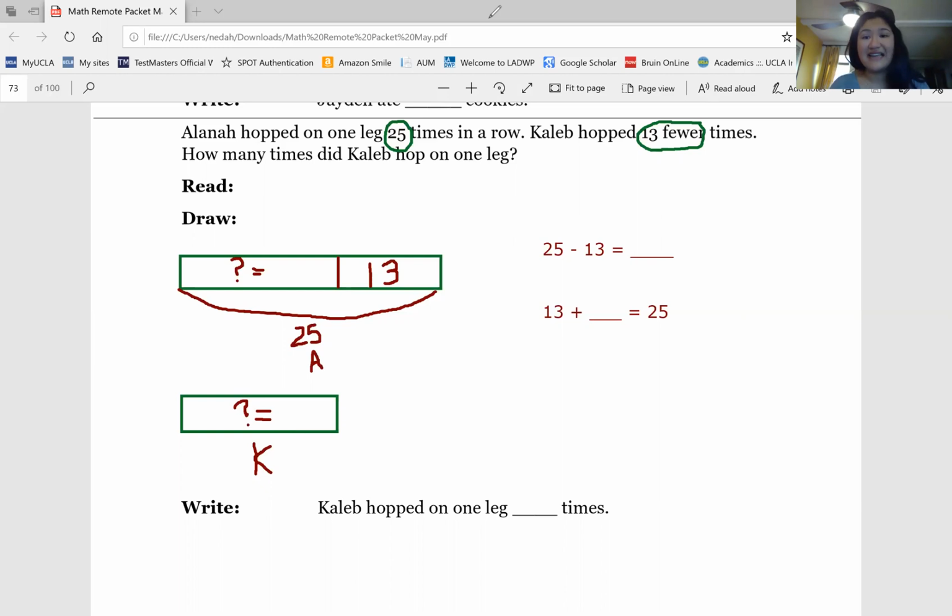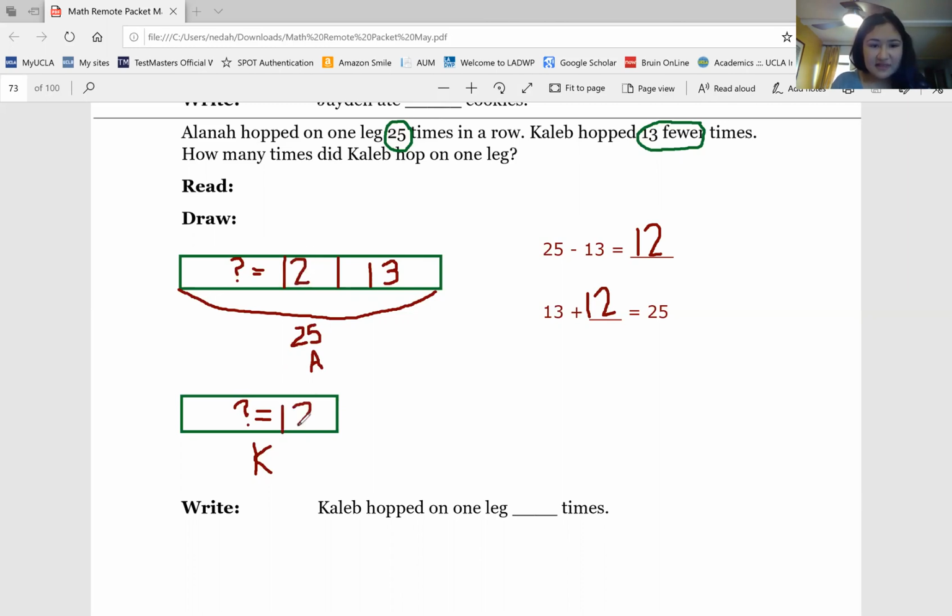So we have 10 plus 2 more, which is 12. So we know that Caleb hopped 12 times. You can fill it in right here too. And then let's fill it in our diagram.